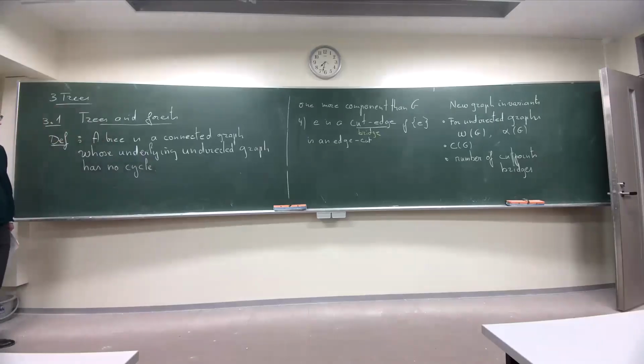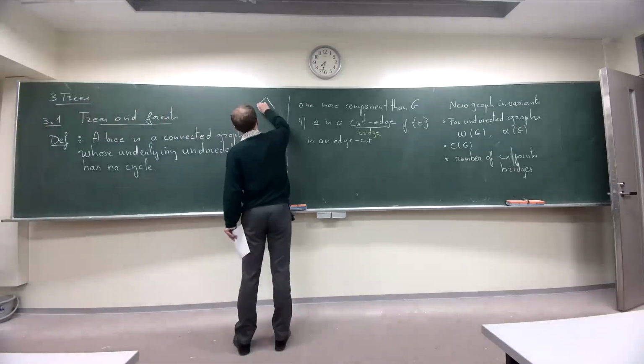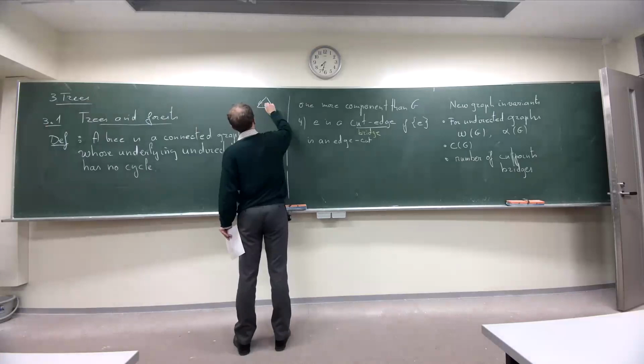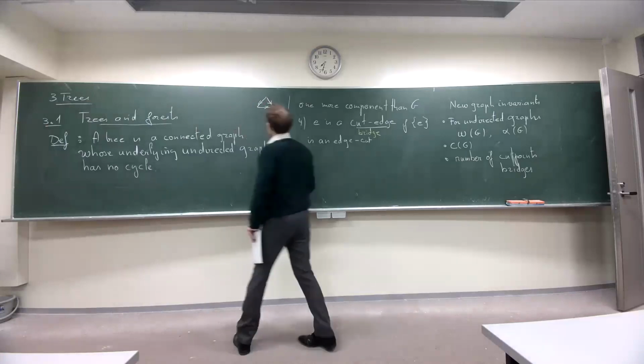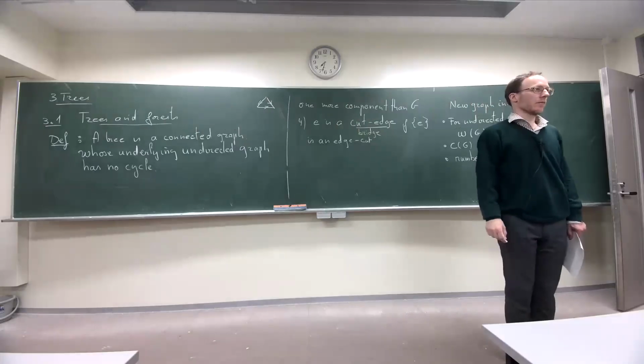Why do I have to be so precise? For undirected graphs, it's enough that you don't have any cycle. Now, if you have a directed graph, be careful, this one has no cycle.